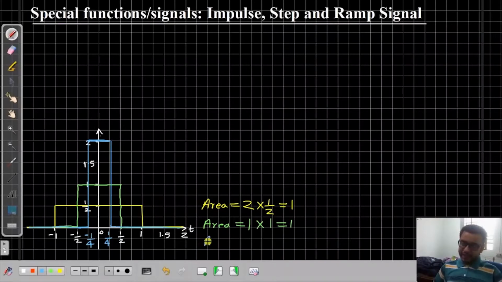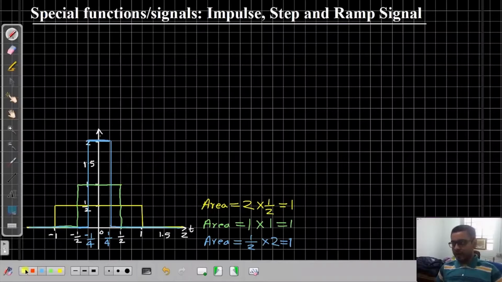Now the area under this blue curve is the width, which is half a unit, multiplied by the height, which is 2 units, so the area is again 1. This way I can continue to draw signals which are taller and taller than the previous signals, but at the same time narrower or thinner.